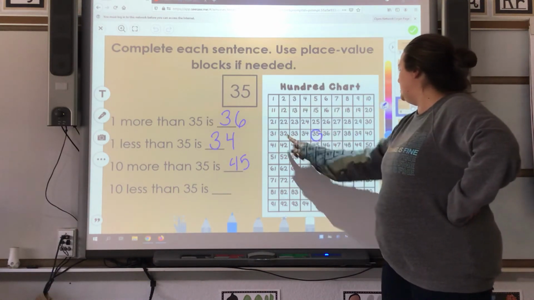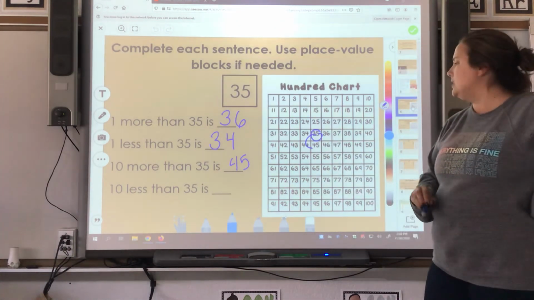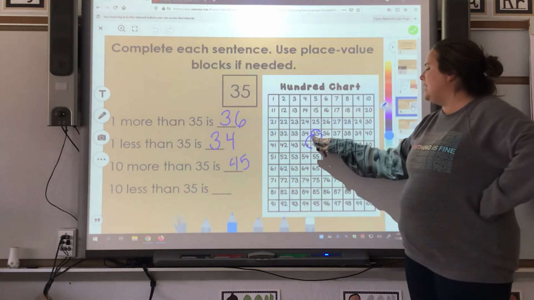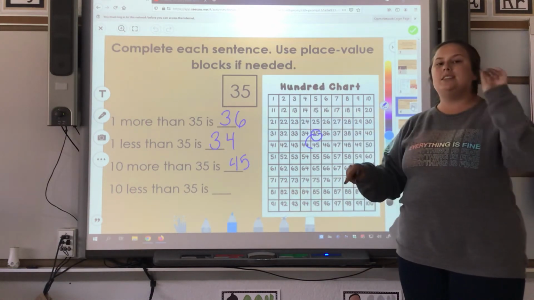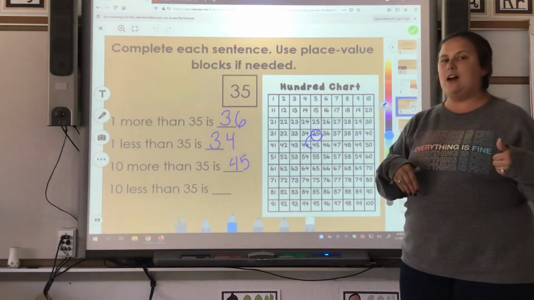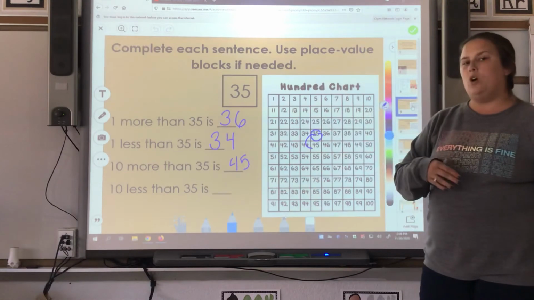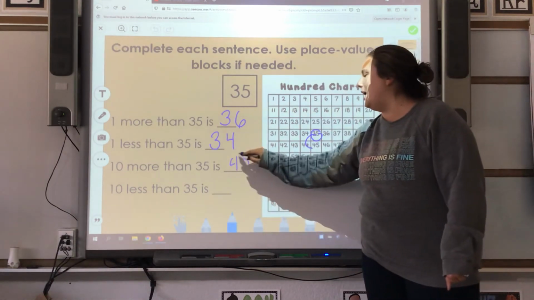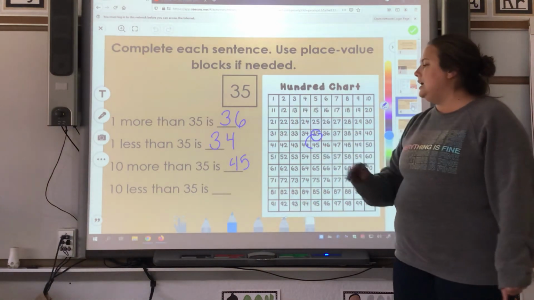So we're going to hop down a tens place. Notice that my tens place is 1 bigger, but my ones place stays the same. So just like he said in that video, you go up by 1 or down by 1 in the tens place only.